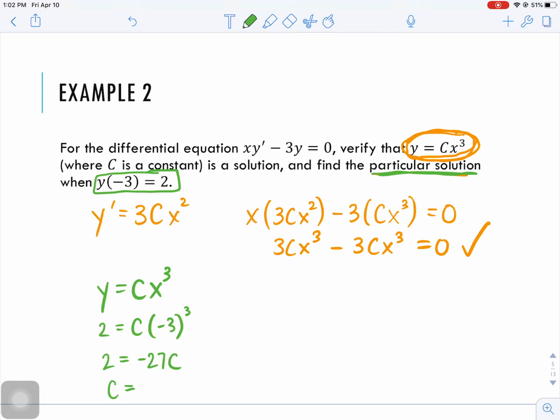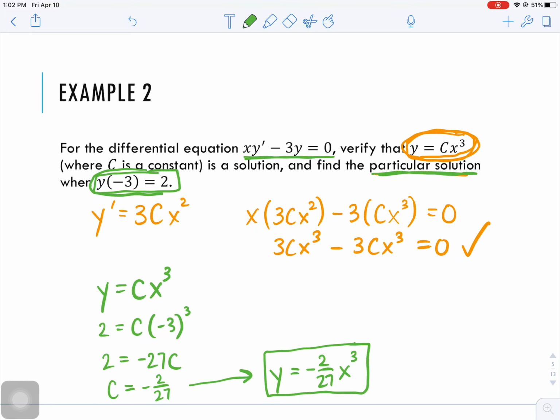If we divide, we get c is negative 2 divided by 27. Which means that our particular solution is really y equals negative 2 over 27 x cubed. So this is a particular equation that satisfies this differential equation up here, but also passes through the point that we're given.